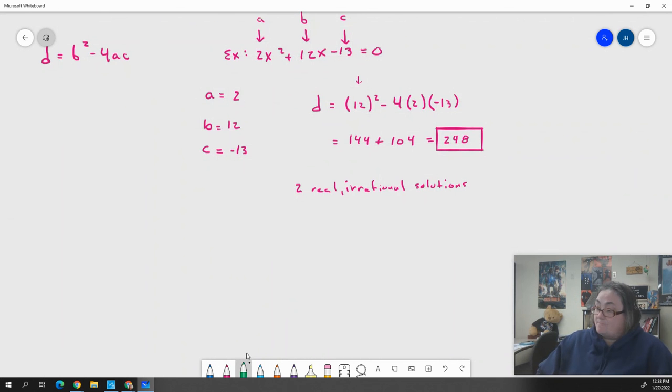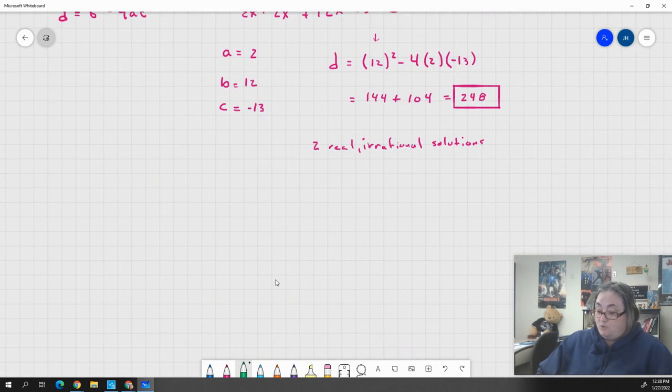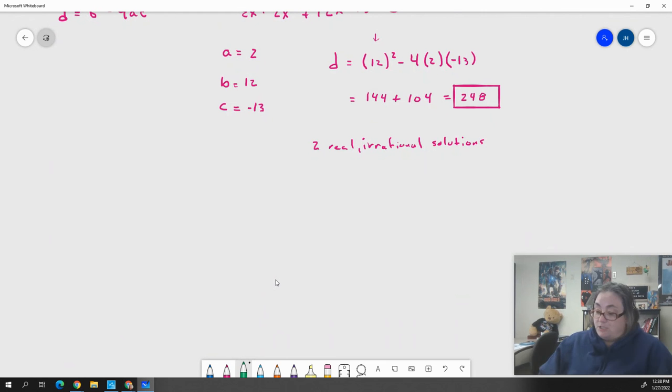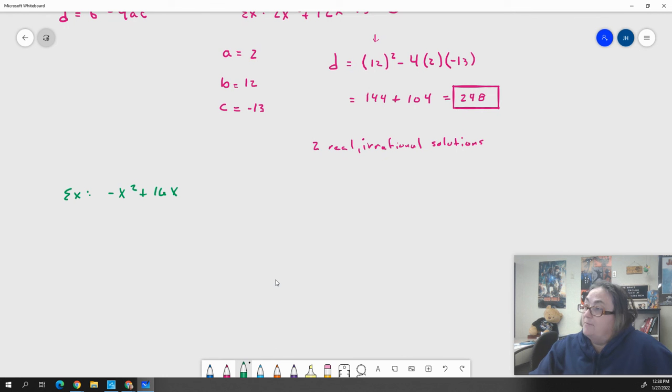Let's look at this one. What if we have negative x squared plus 16x minus 64 equals 0? Remember, it's all set up equal to 0, so I don't need to fix anything.